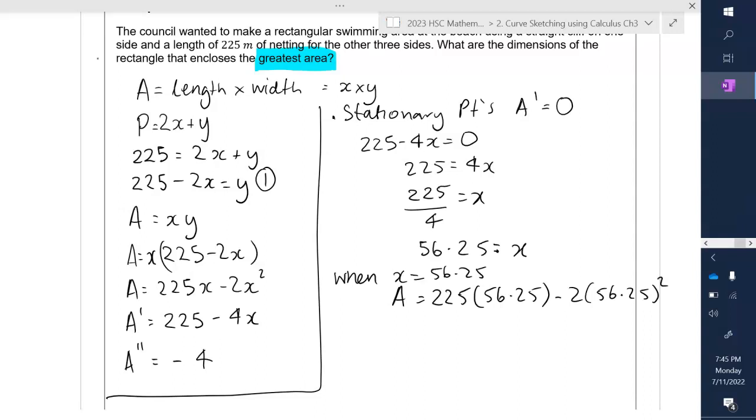Pop that in your calculator, and what you'll get is a value of 6,328.125. We are working in meters, and we are looking at square. So we have a stationary point at 56.25, 6,328.125.